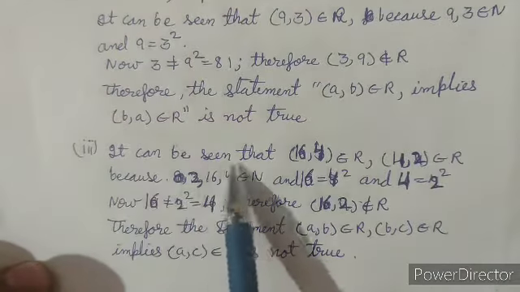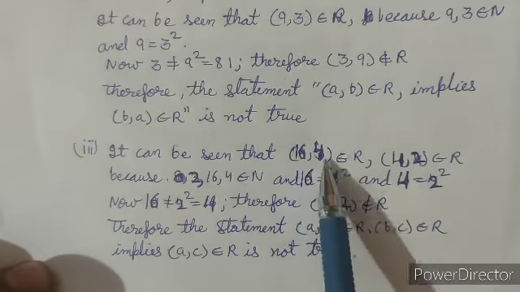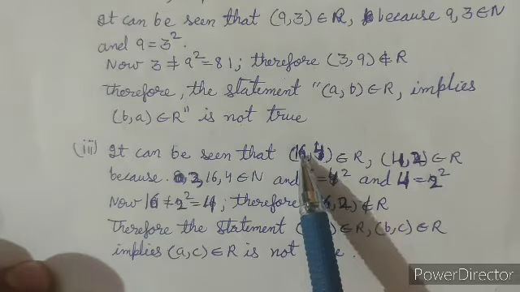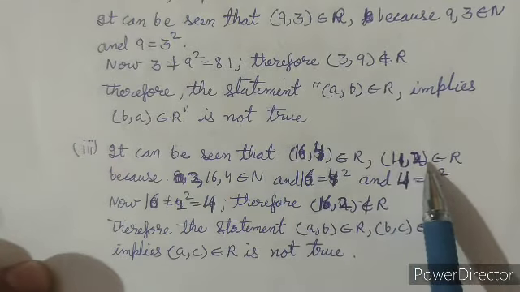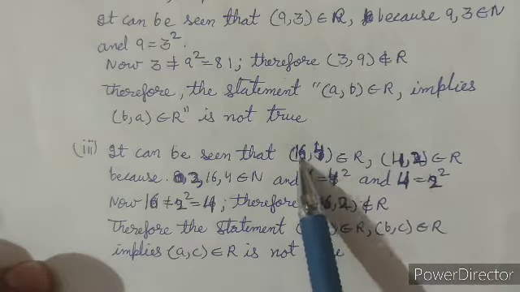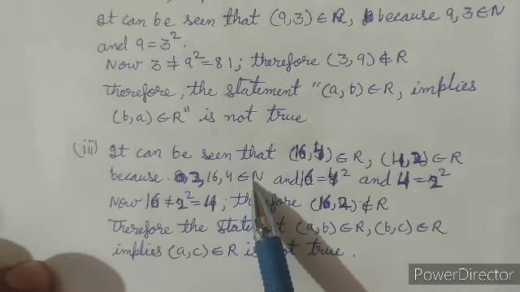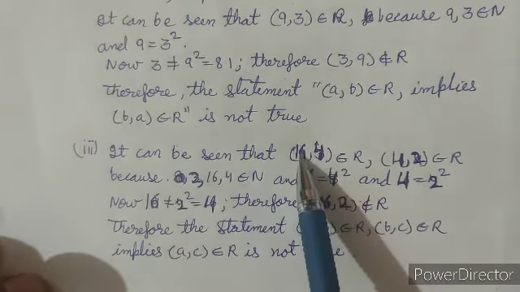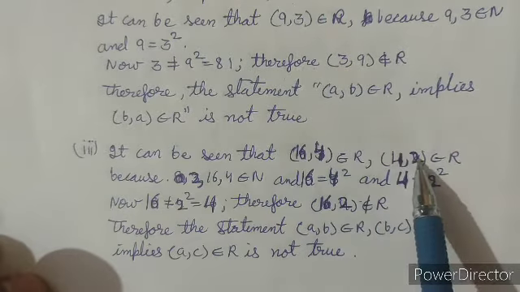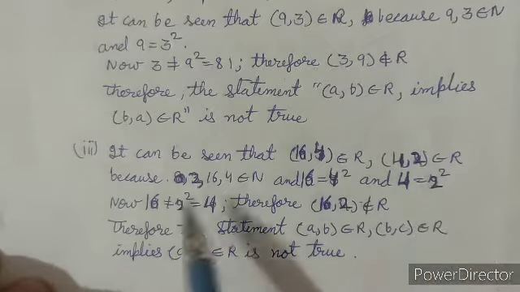Now it can be seen that (16, 4) belongs to R and (4, 2) belongs to R, for 2, 4 and 16 belong to natural number, as 16 is equal to square of 4 and 4 is square of 2.